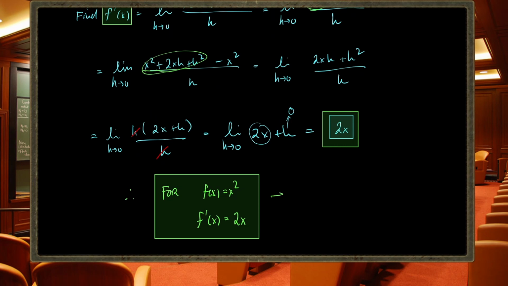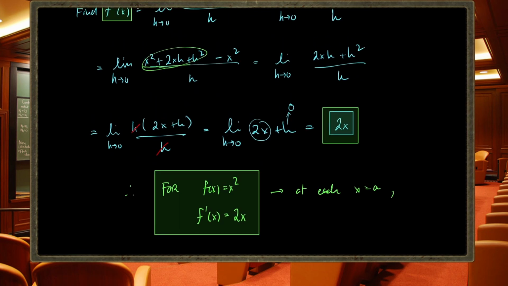And so what this means is that at each x, at whatever it is, x equals a, so you can make up any value you want. Let's say x equals a. We know that the height is given by a squared, and the slope of the tangent line, aka the slope of the curve at that point, or the instantaneous velocity, is given by 2 times a.